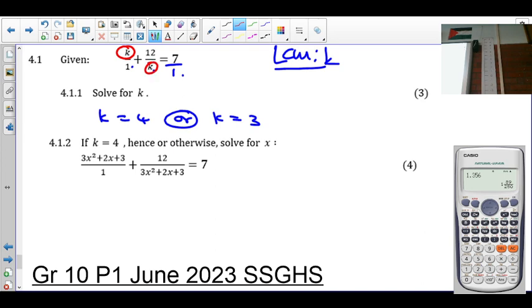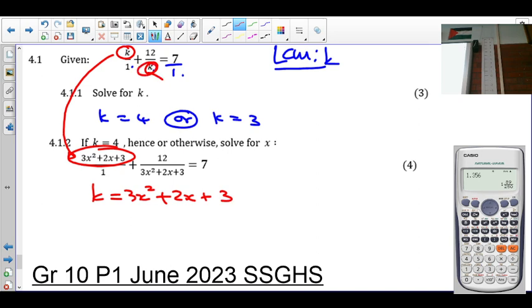But if I do a comparison, say, hang on, what is on k's place? K is actually equal to 3x squared plus 2x plus 3. Look here, there's k. What's on k's place? 3x squared plus 2x plus 3.